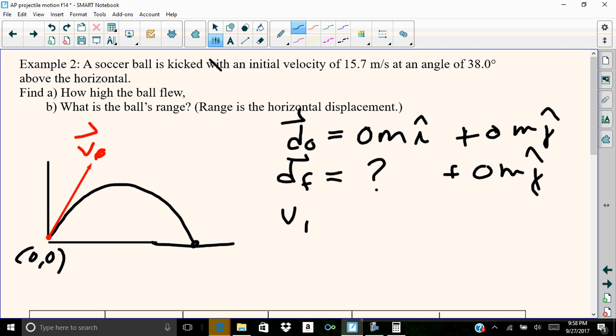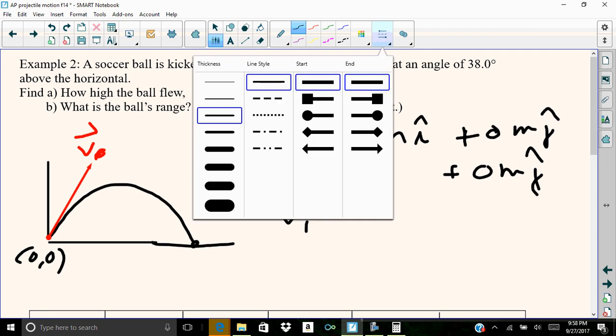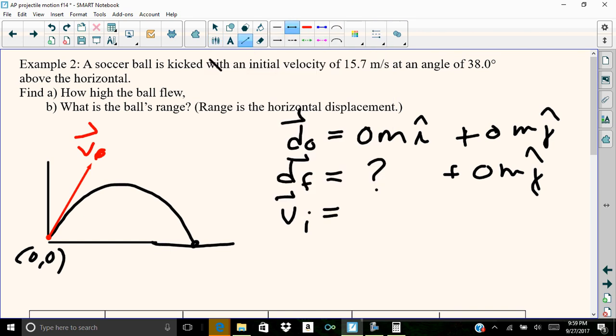My initial velocity is a vector quantity, and it's at an angle. So I'm going to draw out the components on the drawing so that you can see how I'm breaking this into components. Actually, let me get my arrow, it's easier this way.